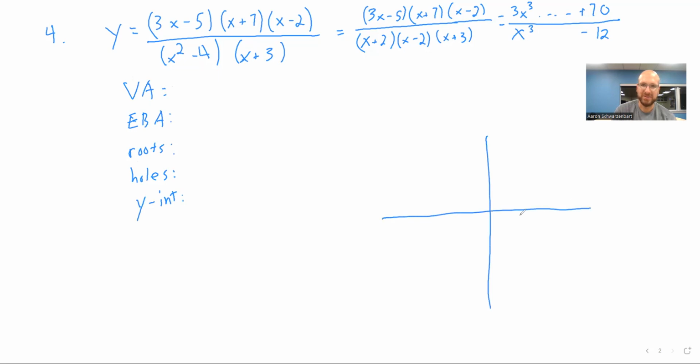I'll make my graph. I'm making the x-axis a little bigger intentionally.